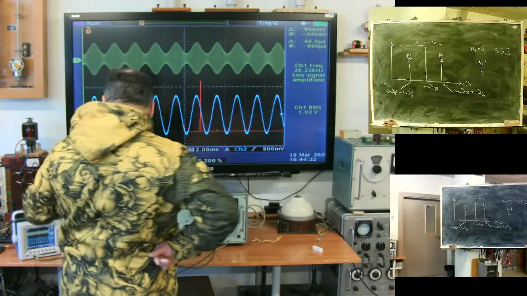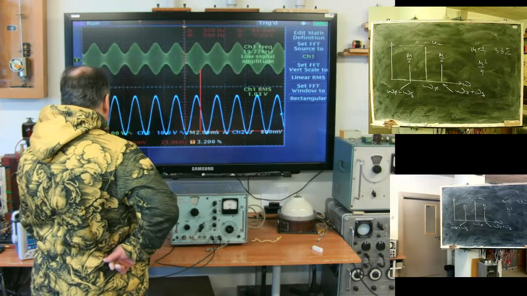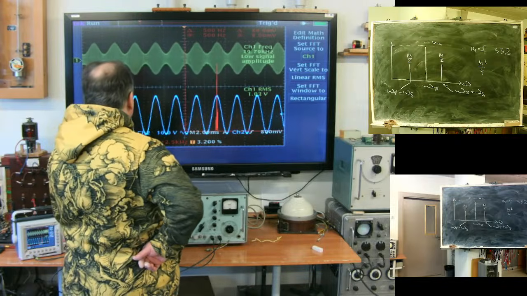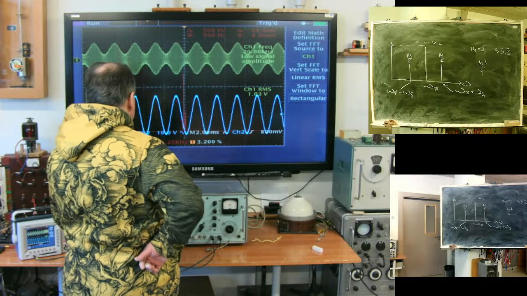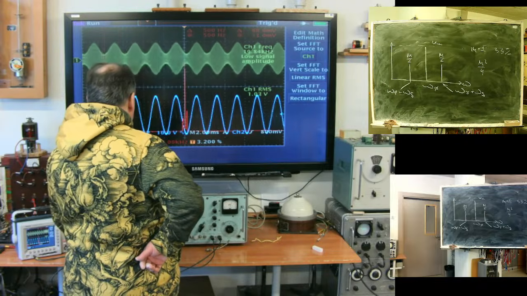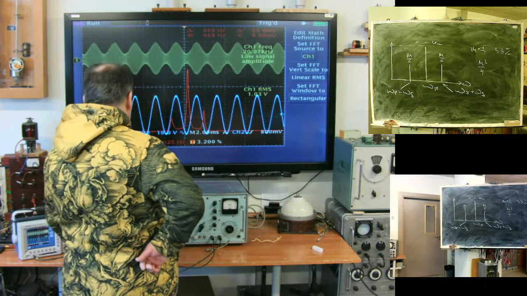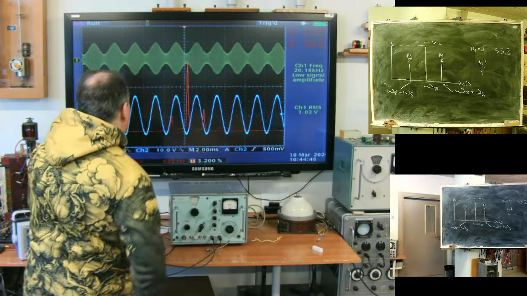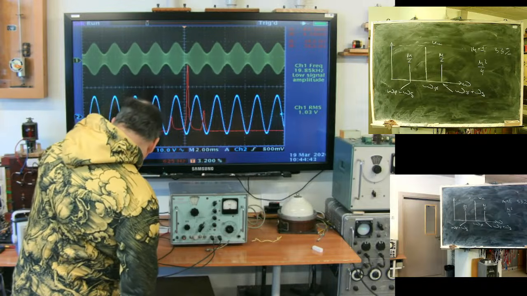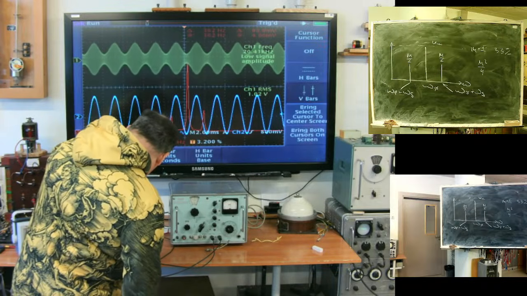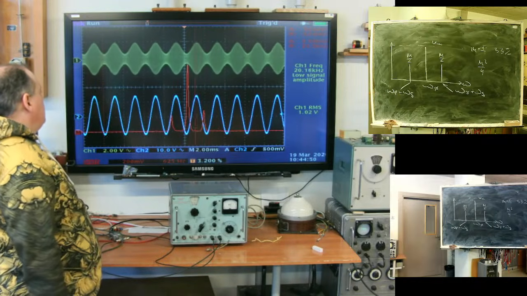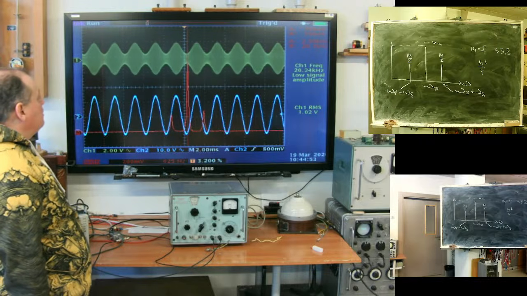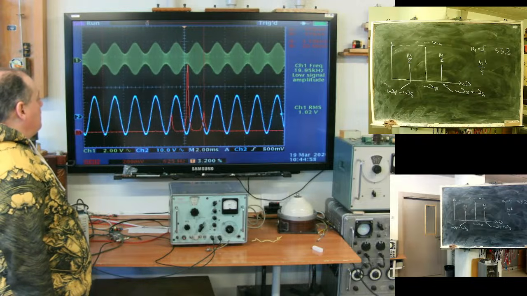Let's try to get the spectral composition. Here, the central frequency is 20 kilohertz, and 20.5.